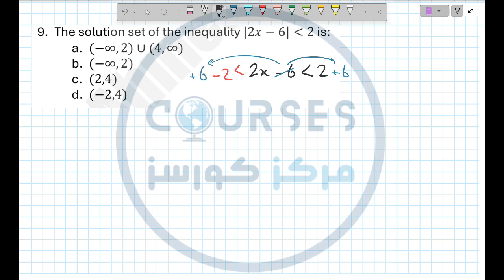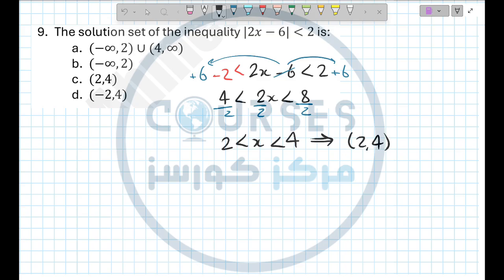So here it's gonna be 4 less than 2x less than 8. Now we can divide by 2. So 2 is less than x is less than 4, which is clearly the interval 2 to 4. So it's C.